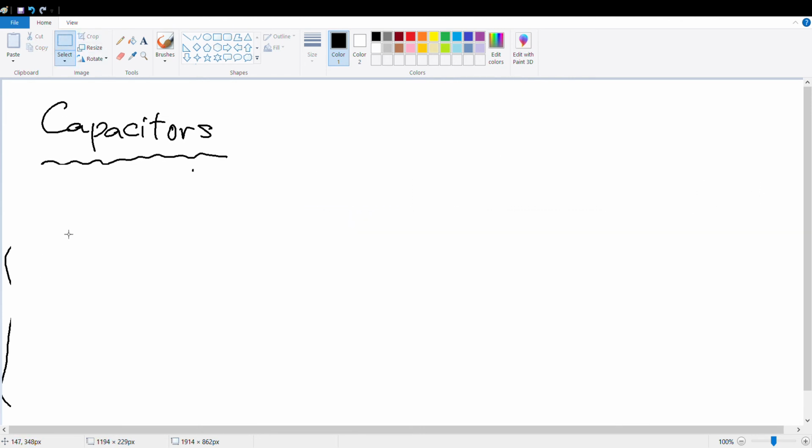Okay, so let me just erase this one as well. Just now we talked about the capacitance for uniformly charged plates.